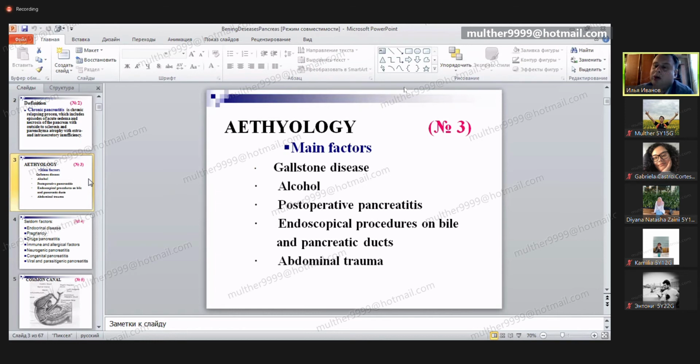any operations near the pancreas, for example, operations on the spleen, removing of the spleen, splenectomy, or the partial gastrectomy, or resection of the stomach.